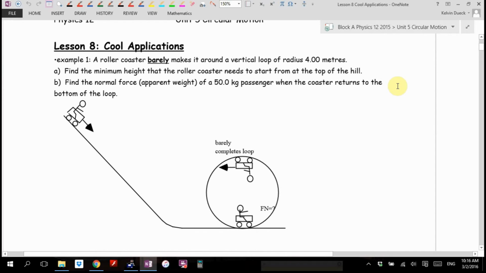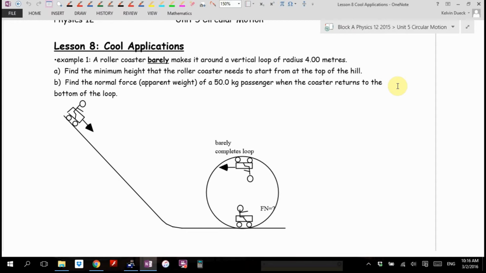So here is the physics of a roller coaster loop. And if I do my job right, you will learn that what you thought of as roller coaster loops is totally wrong. A roller coaster barely makes it around a vertical loop of radius 4 meters. Part A says, find the minimum height that the roller coaster needs to start from the top of the hill.